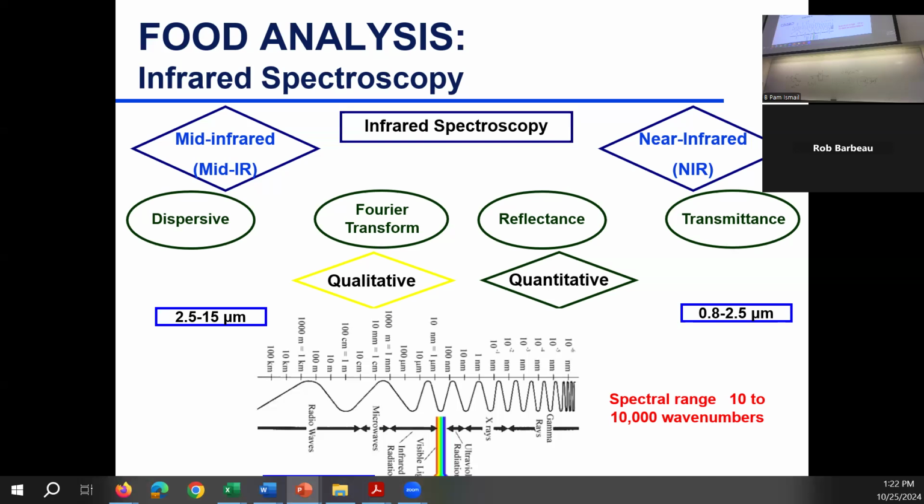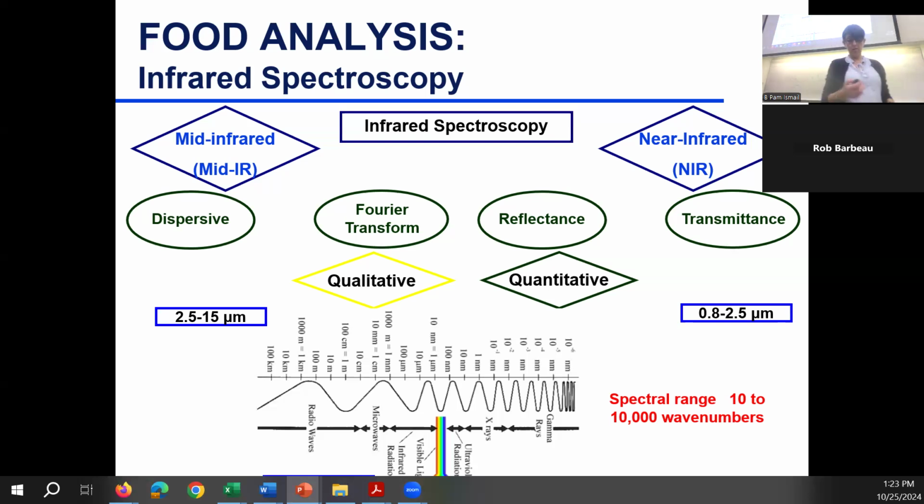And you use calculations called Fourier transform calculations, very complex. Usually you don't do it by hand. The system will do it for you and spits out the qualitative and quantitative data for you.